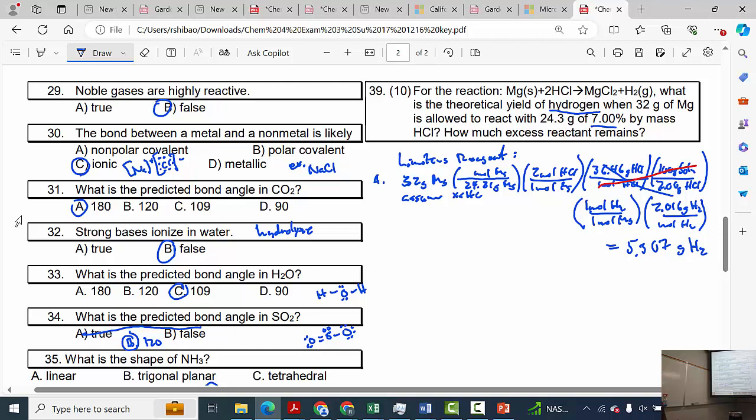How many grams did you get? 1.990? You don't need the 2 moles of HCl or 1 mole. All right, let me try that. Oh, yeah, you're right. This doesn't belong there either. And so that's 32 divided by 24.31 times 2.016.